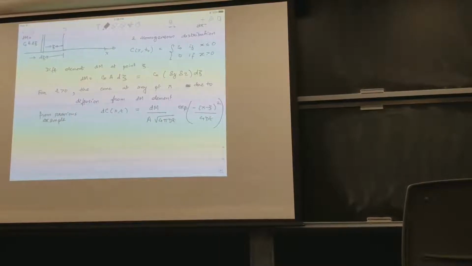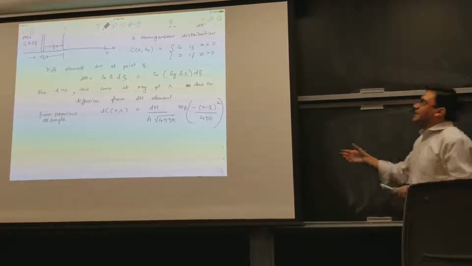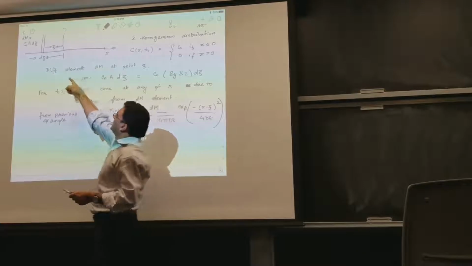So this is the concentration originating from one differential element.